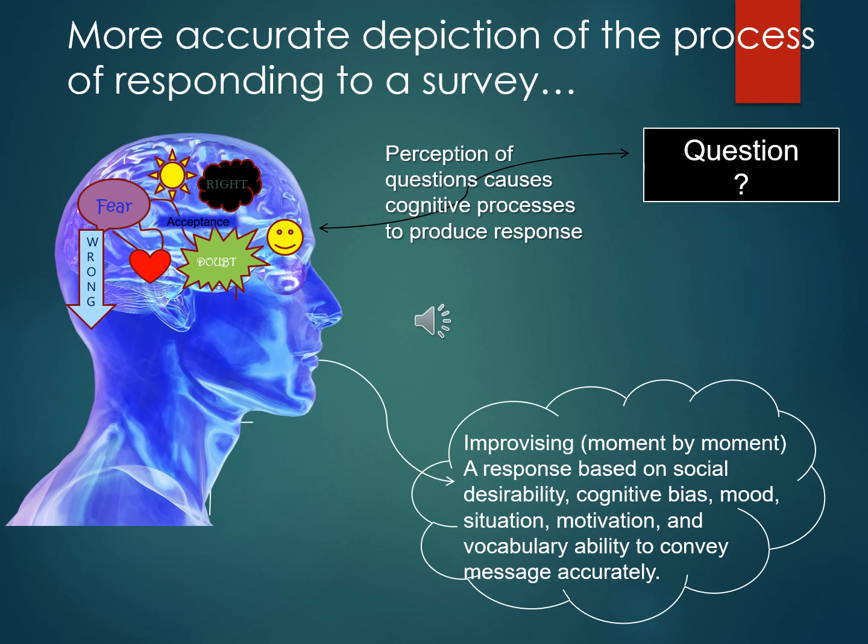And then people have all these different kinds of bias, either motivational or cognitive. So people are actually improvising a response moment by moment based on many of these factors, such as social desirability, cognitive bias, mood, situation, and motivation. Therefore, you as a psychologist trying to rely on surveys to gather information from people need to be aware of some biases and the specific ways in which survey questions can be improved to get more accurate data. That's what we're going to talk about.